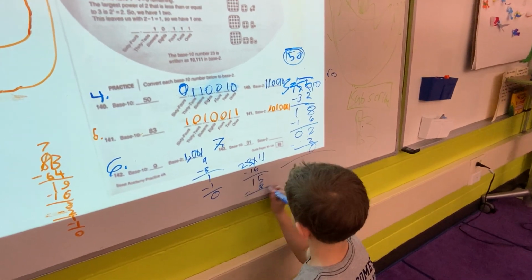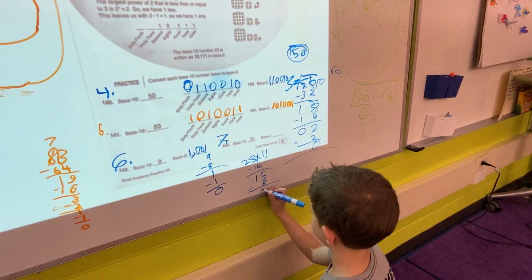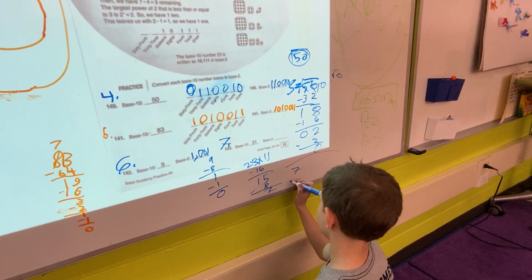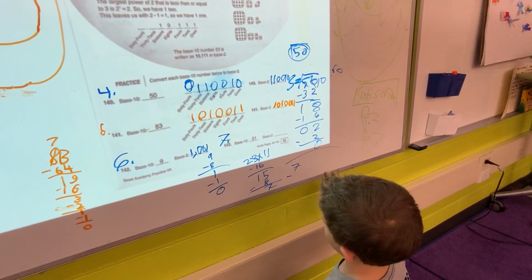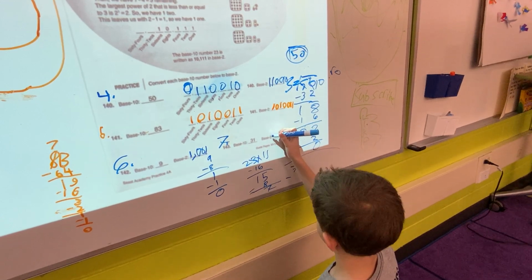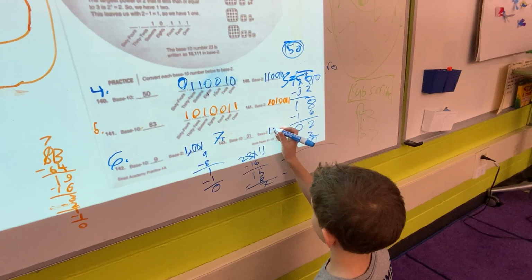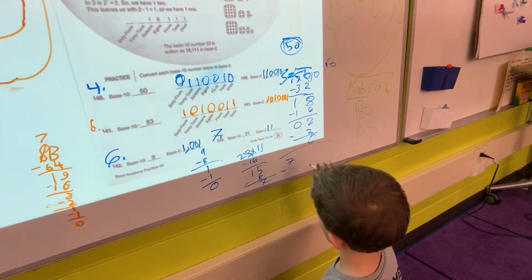Now 15 minus 8 is 7. And now we're going to bring it to another thing. Oh, sorry, we've got to keep track of this. So 10000, and then another one.